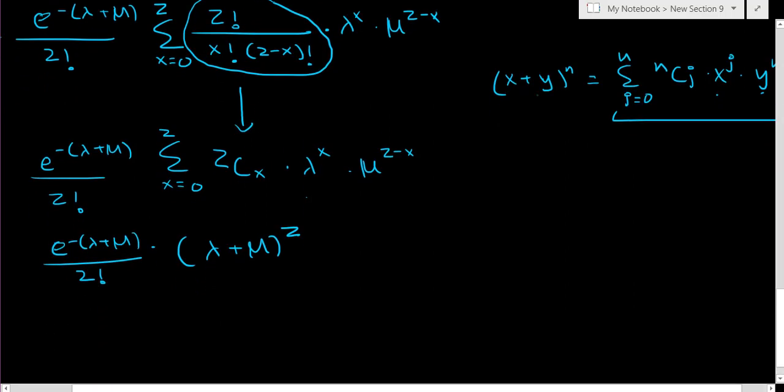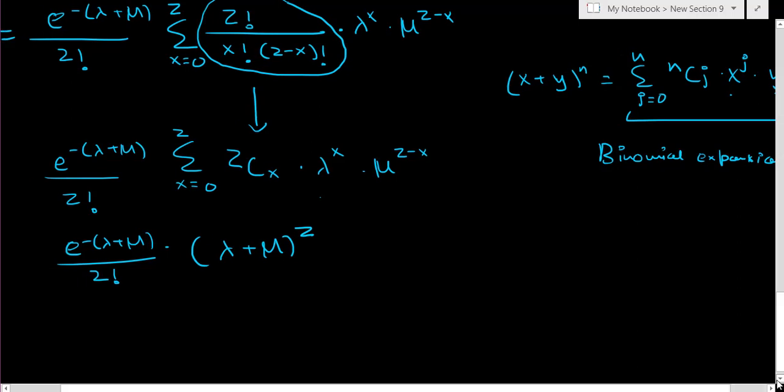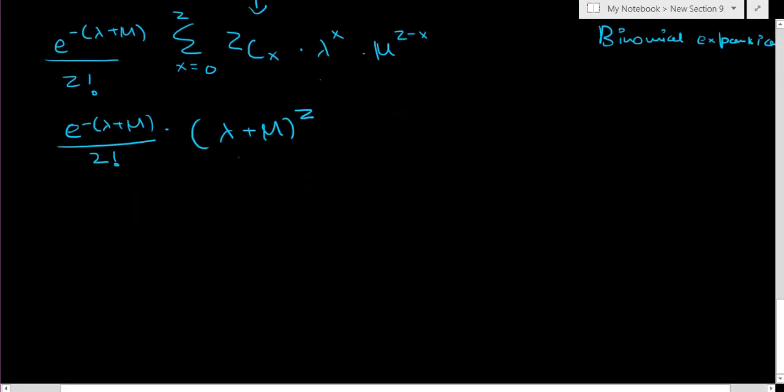This is called a binomial expansion. Yes, now I remember it is called a binomial expansion. So since we have this binomial expansion, I can write it like this. This is your answer, and you can clearly see that this is the probability function of z following a Poisson distribution with parameter mu plus lambda.